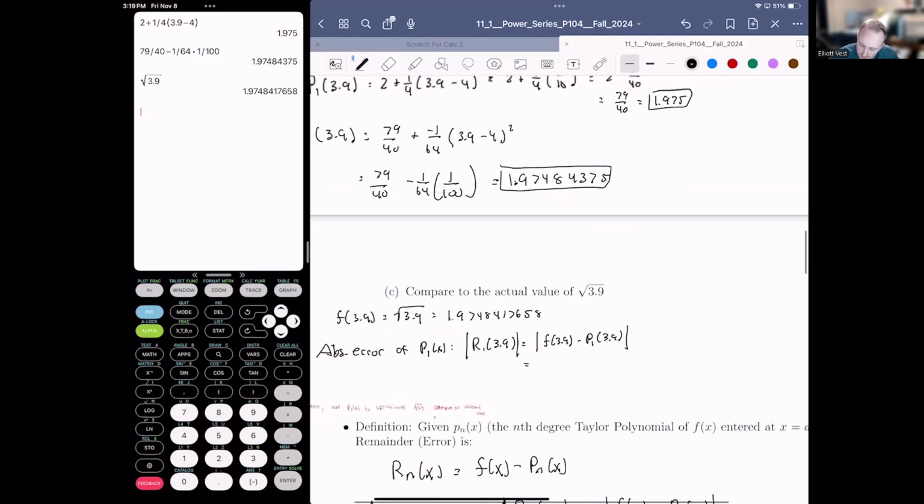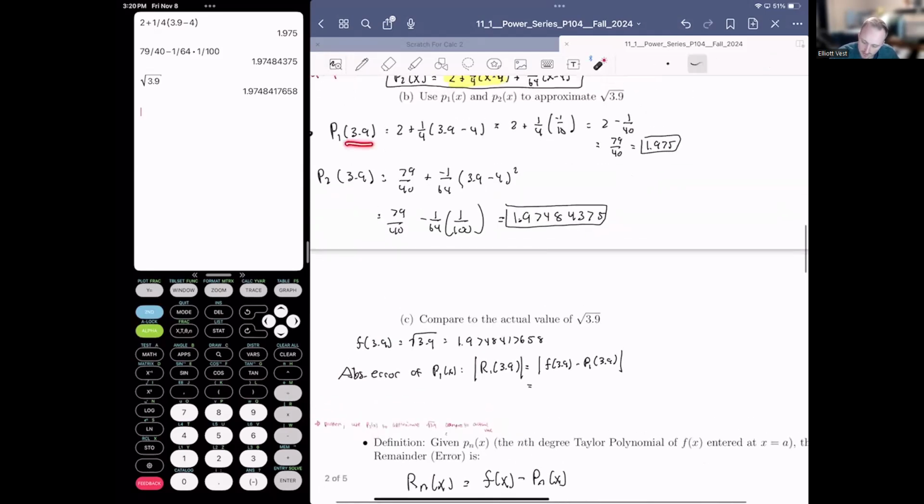We know these values, right? P1 of 3.9 was this. f of 3.9 was this, so I can just subtract my answer from 1.975. Oh my goodness. That is 0.000158234. So good up to like 3 decimal places here.